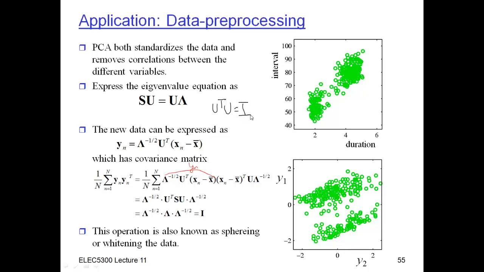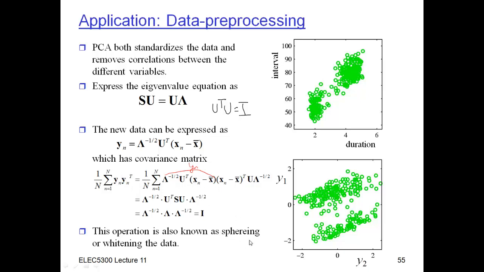So that's because it's orthonormal. So I replace this by lambda, and then I get a lambda to the minus 1/2 times lambda, which will give me another lambda to the 1/2, times another lambda to the minus 1/2 will just give me the identity matrix. Right, so that means that this has a covariance where the ellipses are circular.